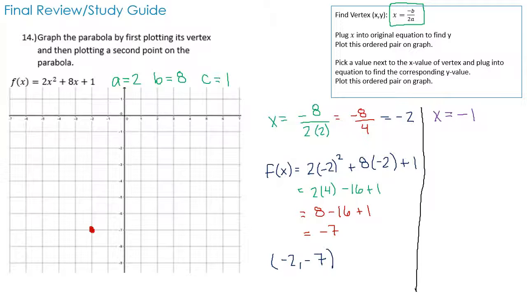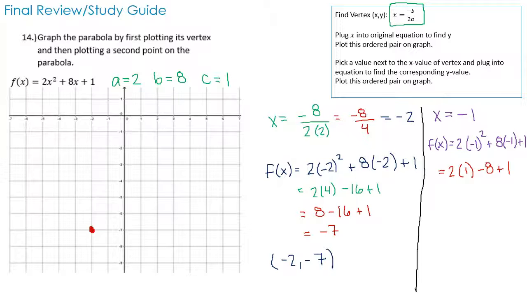So when x is negative 1, we get f of x is equal to 2 times negative 1 squared plus 8 times negative 1 all plus 1. So we have negative 1 squared is positive 1, so 2 times 1 plus 8 times negative 1 is negative 8 plus 1.